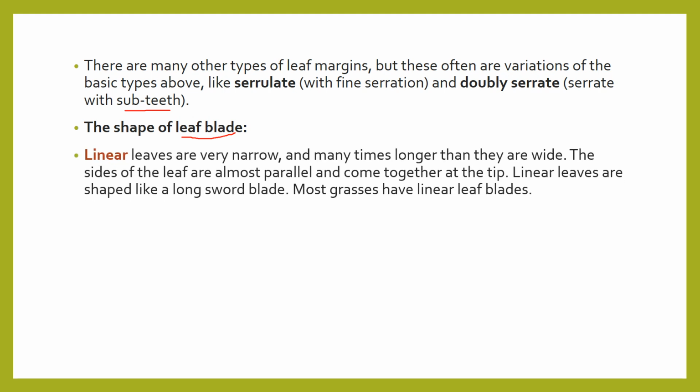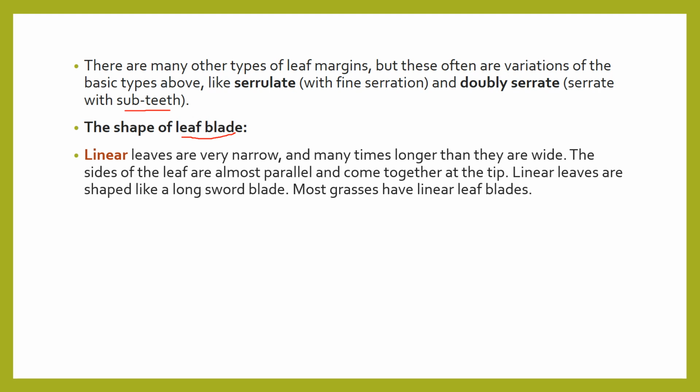First one is linear leaves. Linear leaves are very narrow and many times longer than they are wide. The sides of the leaf are almost parallel and come together at the tip. Linear leaves are shaped like a long sword blade.